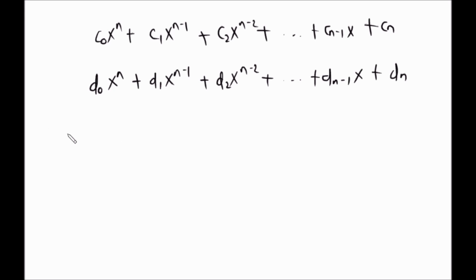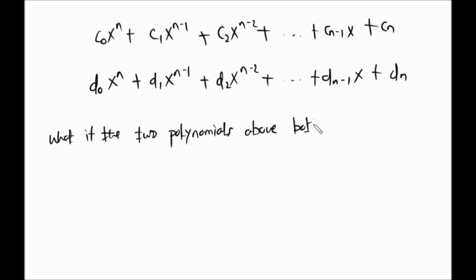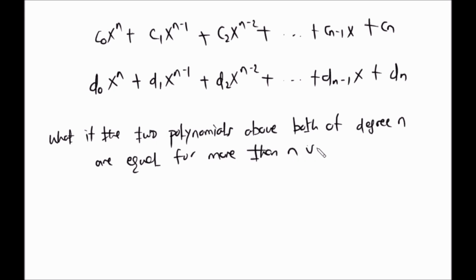Now the question is this. What if the two polynomials above, both of degree n, are equal for more than n values of x?